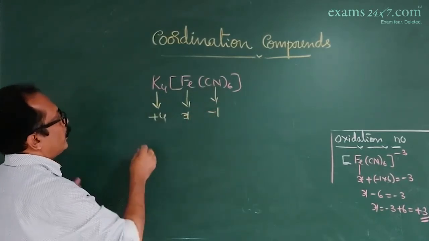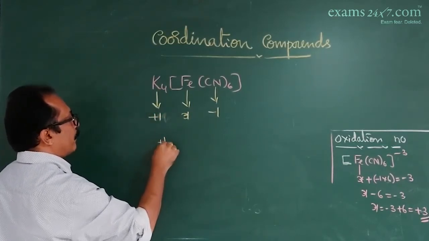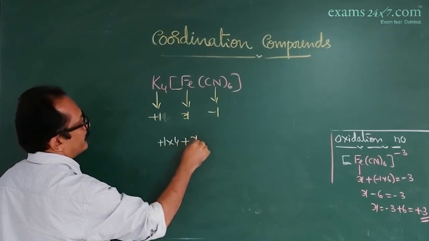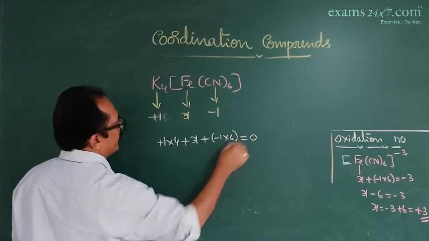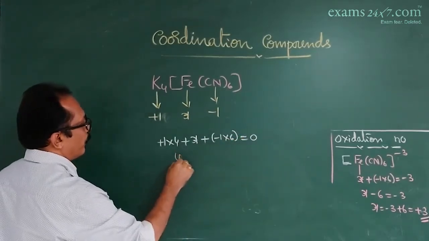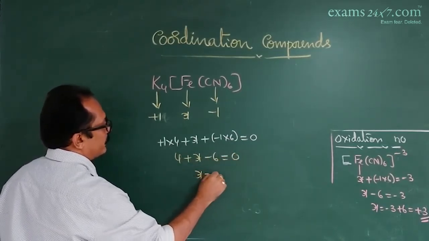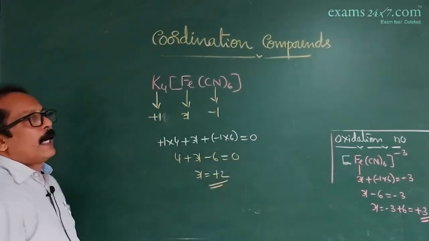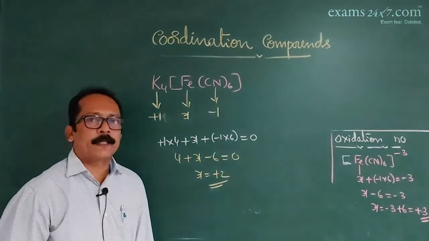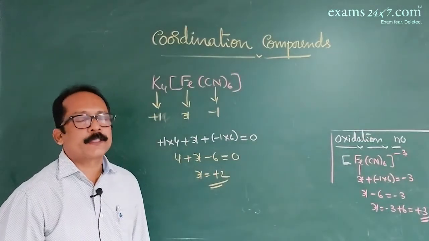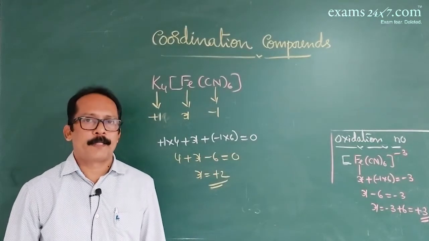So plus 1 into 4, plus x, plus minus 1 into 6, equals 0. So 4 plus x minus 6 equals 0, and x is plus 2. As the name indicates, ferrous, the oxidation state is plus 2. Like this, you can calculate the oxidation state of the central metal atom or metal ion in a given complex.